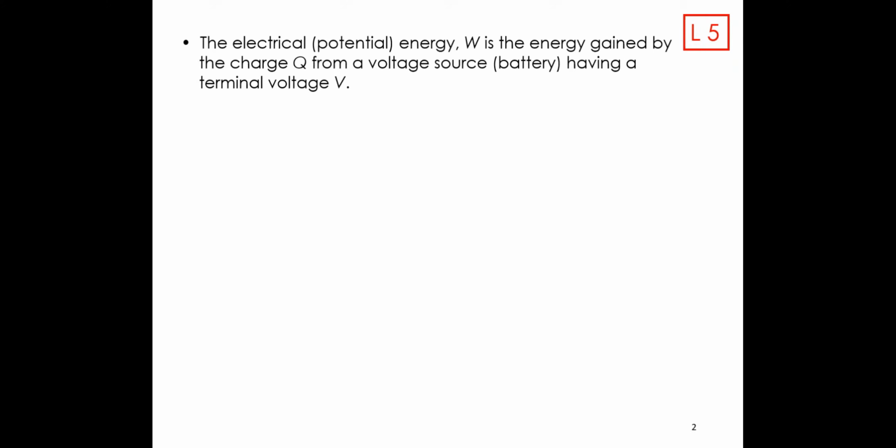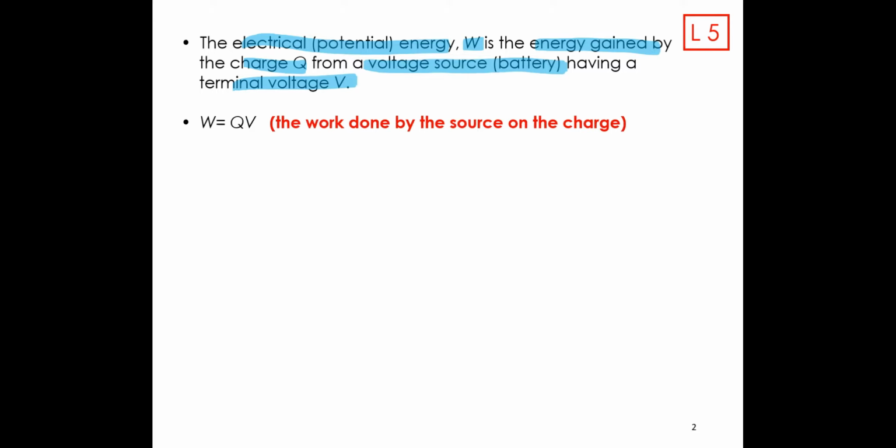The electrical energy or electrical potential energy, which is work, or you can use the symbol capital E, is the energy gained by the charge from a voltage source, which is the battery, having a terminal voltage. You can see it from the definition of electric potential from chapter 1, electrostatics.